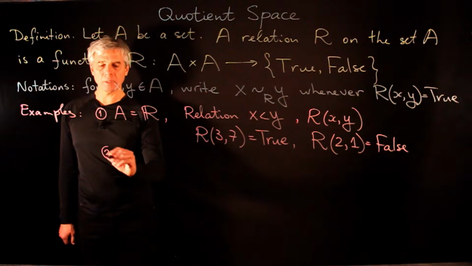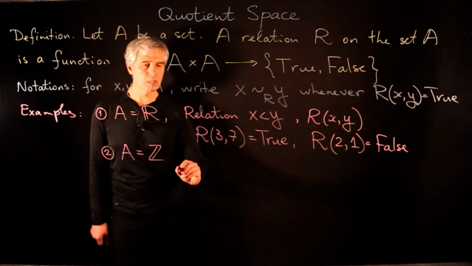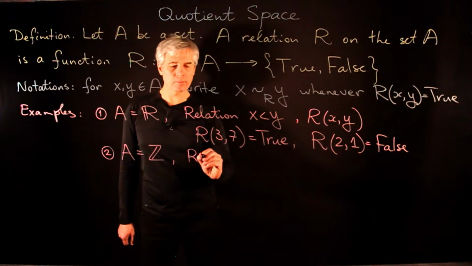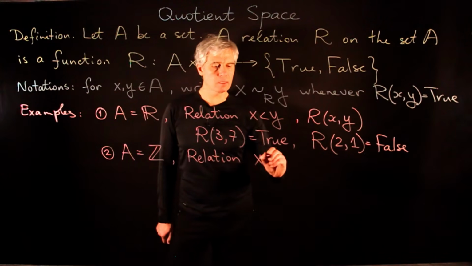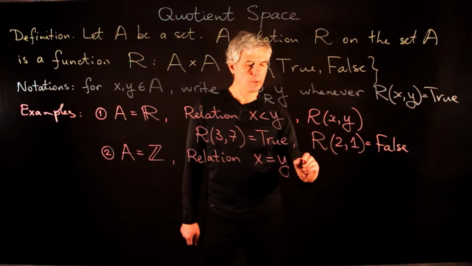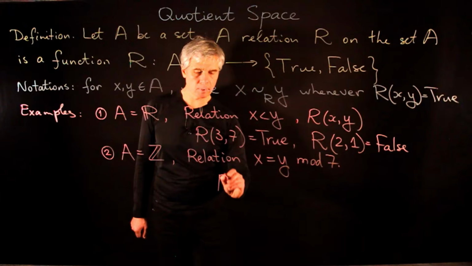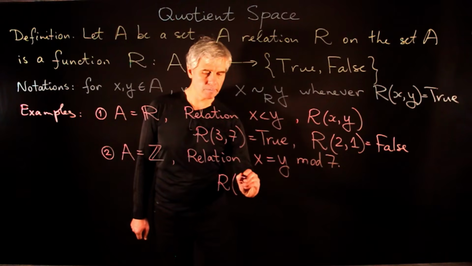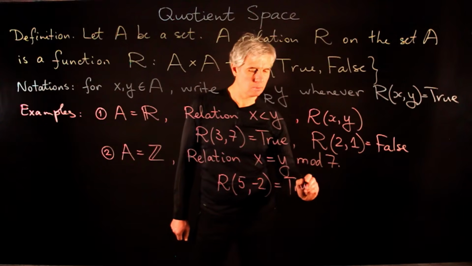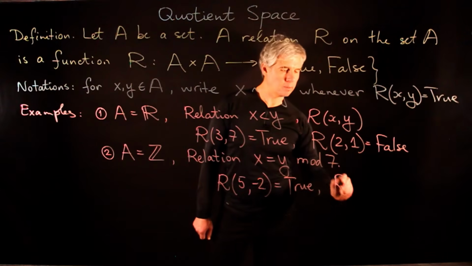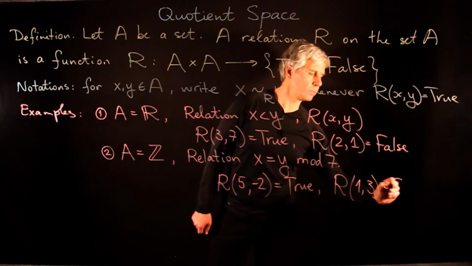As another example, we can take the set of integers and consider the relation x is equal to y mod 7. In this example, R(5, -2) is true, and R(1, 3) is false.